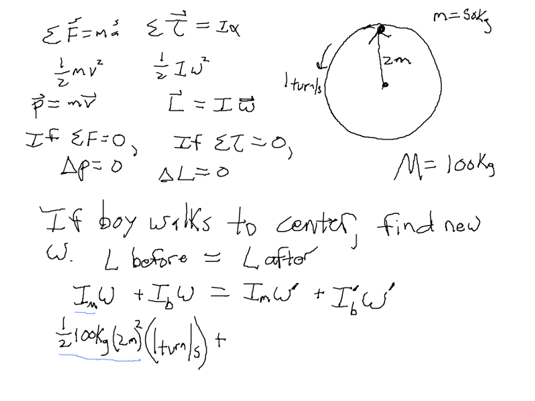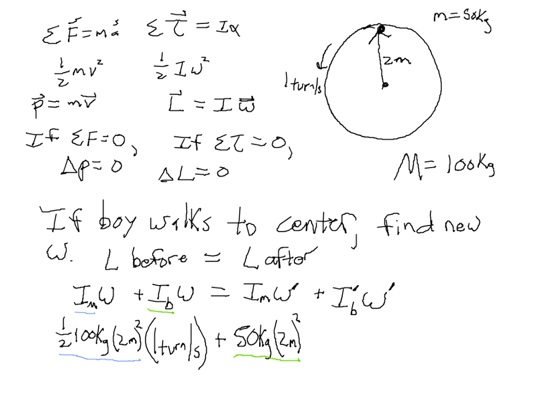So the moment of inertia of the boy will be the boy's mass, 50 kilograms, times the distance that the boy is away from the center of the platform, 2 meters squared. Okay, so that is the moment of inertia for the boy.